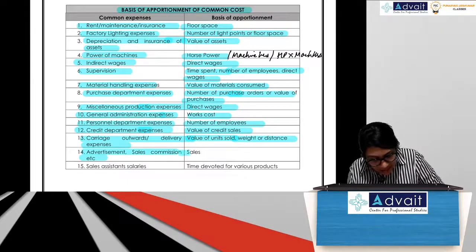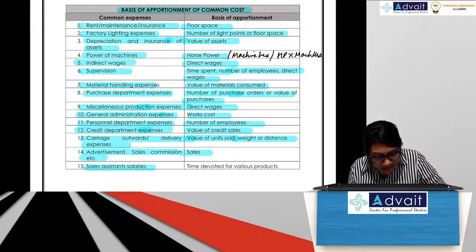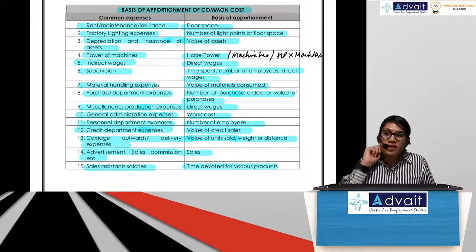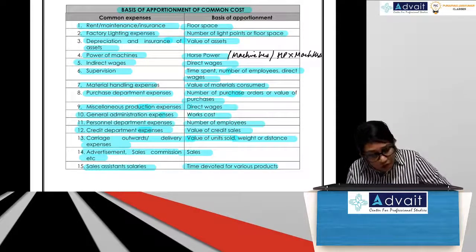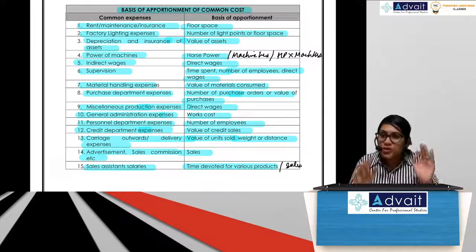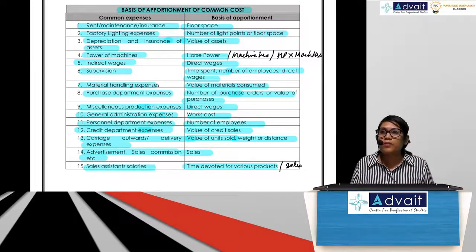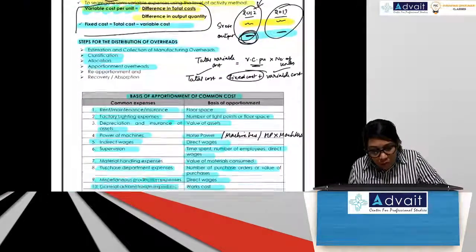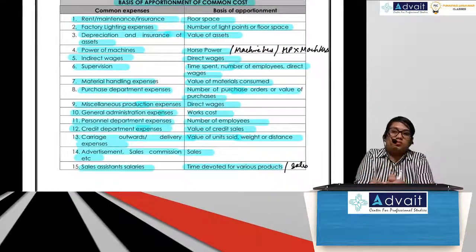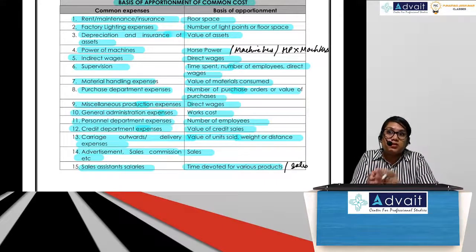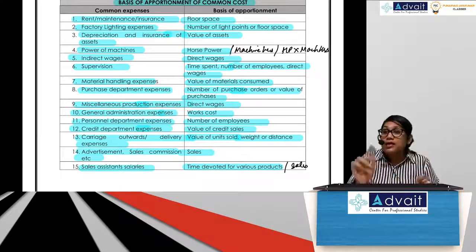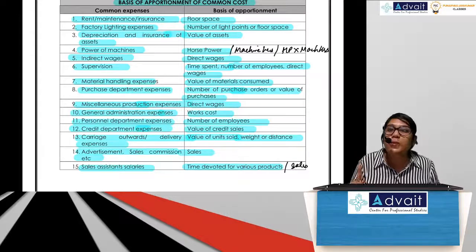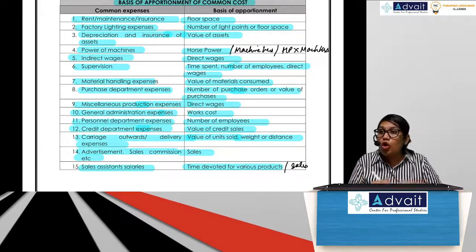Advertisement, sales commission, sales. Sales assistant salaries, time devoted for various products. Suppose this is not given, then you can still take sales. According to you, whatever is the closest to that particular expense, the basis, you use that. Suppose you are confused about something, don't use extra brains also.